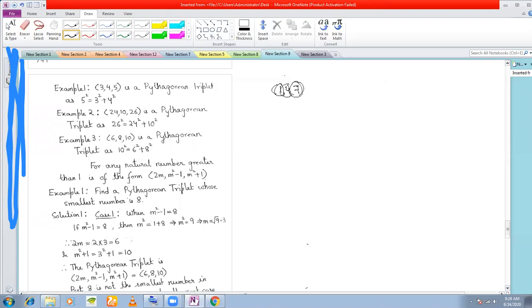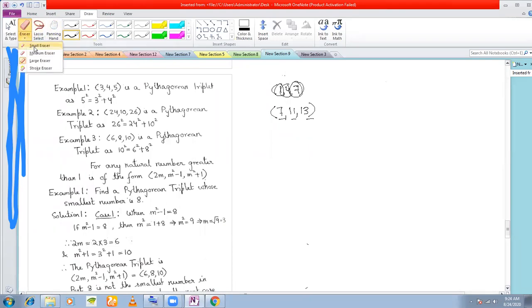Let's say I write 7, 11, and 13. This is also a triplet because there are three numbers. So any 3 numbers written together within parentheses or brackets is called a triplet.